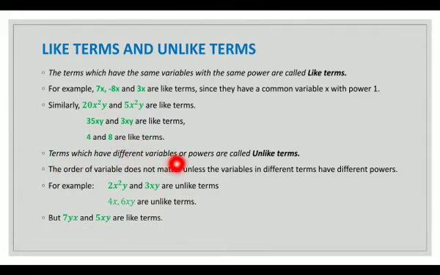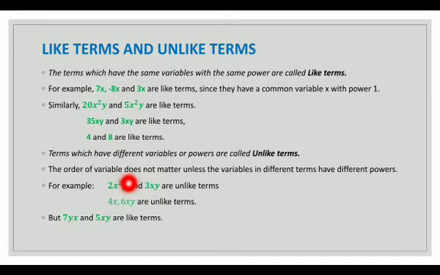Terms which have different variables or powers are called unlike terms. The order of variables does not matter unless a variable in different terms has different powers. For example, 2x square y and 3xy are unlike terms, as here the power of x is 2 and here x is 1.